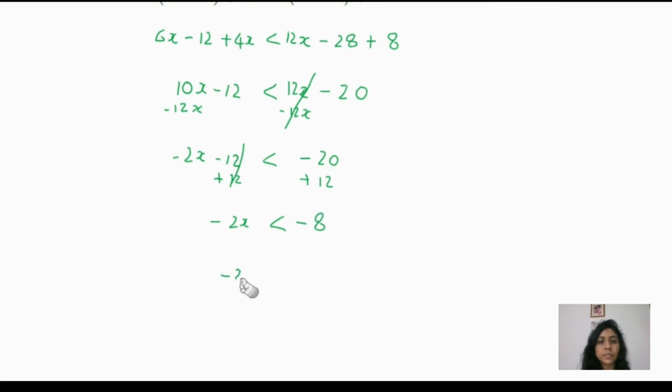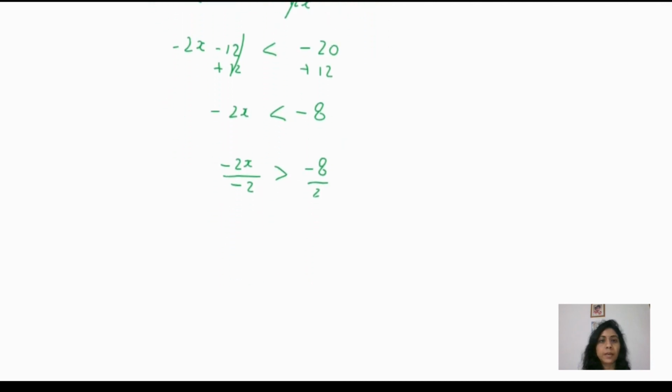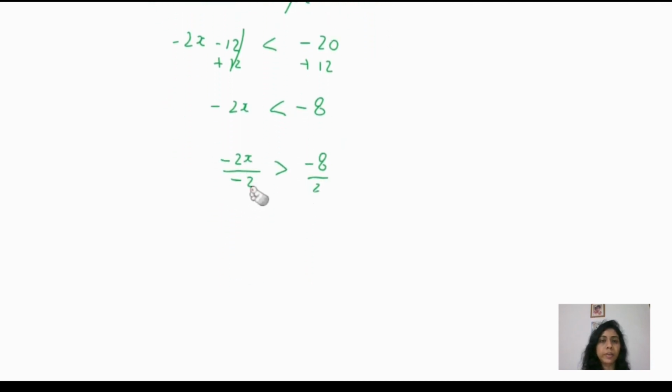Now divide both sides by negative 2, so the inequality sign changes. Remember, whenever we multiply or divide by a negative number, the inequality sign changes. So x > -4.